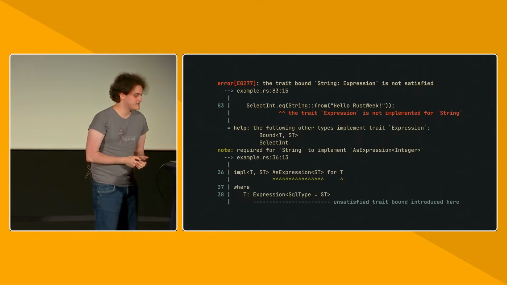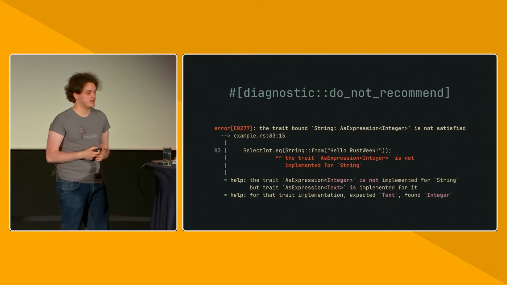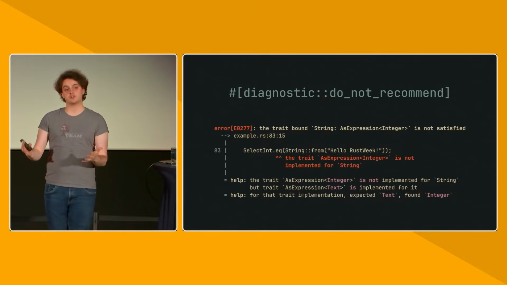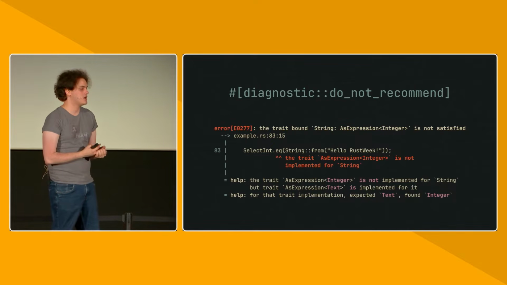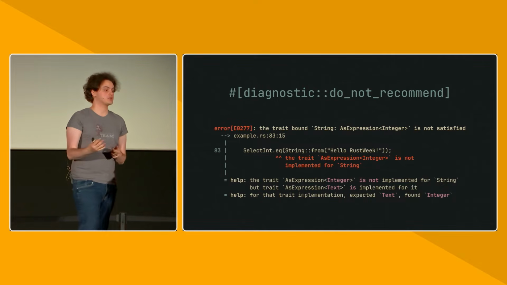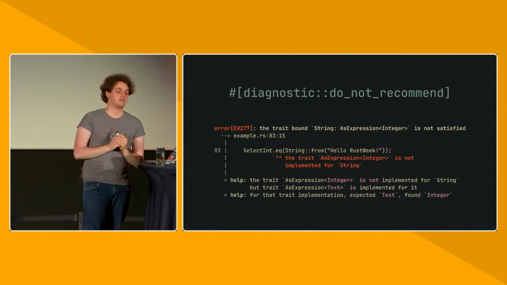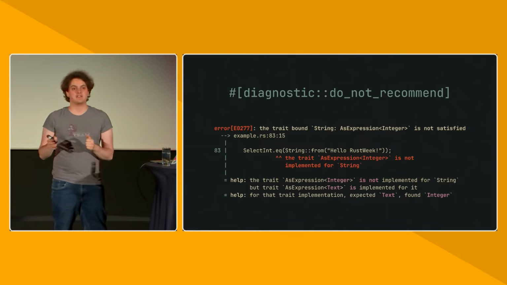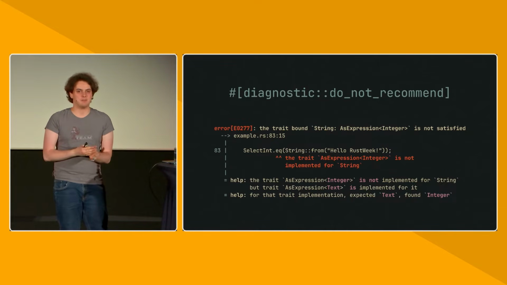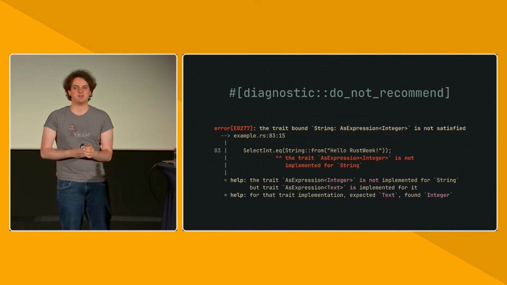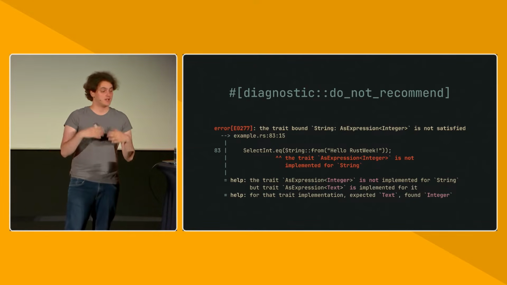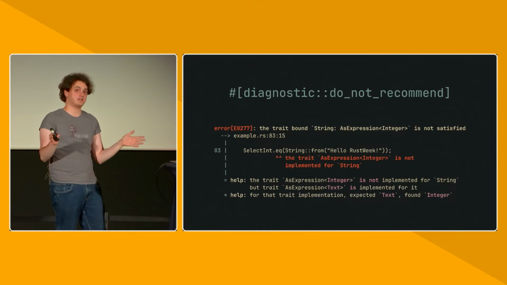So a thing we stabilized fairly recently is the diagnostic::do_not_recommend attribute that you can place on top of a trait implementation, and that will tell the compiler to never suggest that. This can be used in what is often called the pyramid of tuples, when a trait is implemented for tuples of variable length. With this attribute, you can avoid showing those.